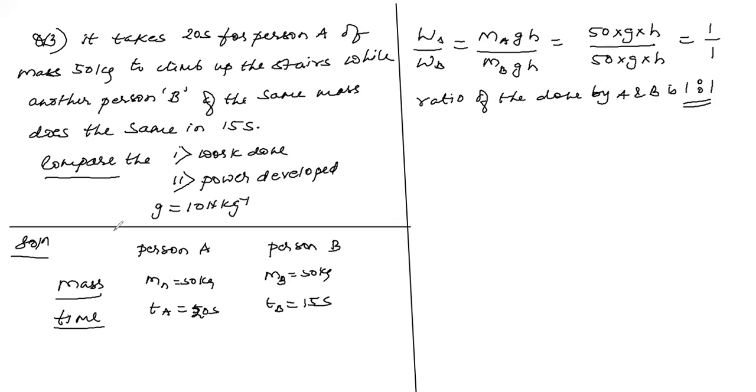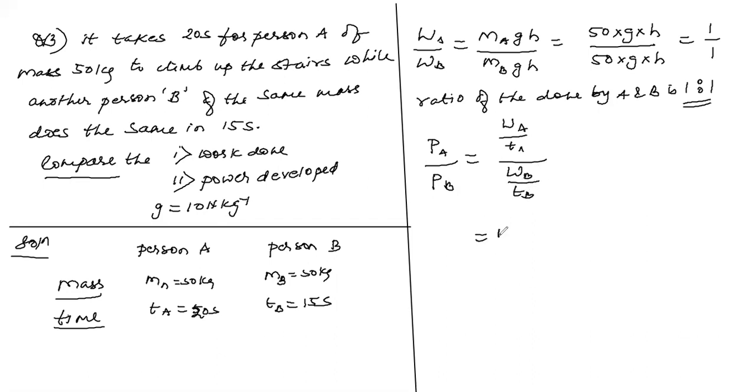Next, they want you to compare the power developed. Power developed by A upon power developed by B. This is WA upon TA divided by WB upon TB.